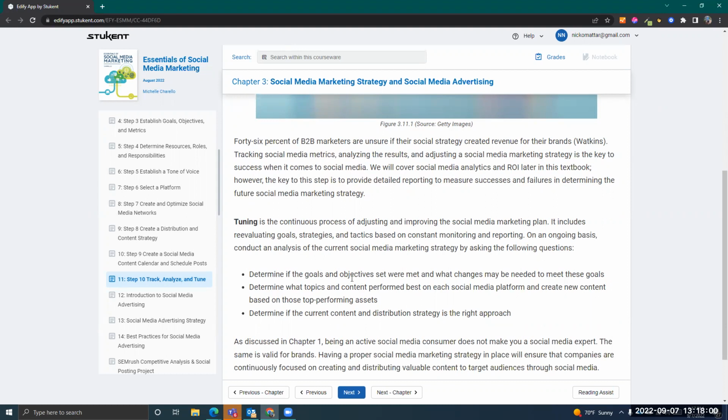Maybe instead of an infographic, you're posting a photo with a couple people in it. Just see what works best. There's going to be a certain mix that's going to work best for you on social media at different times of day. That's really what tuning is. It's continuously fine tuning your strategy so that you are putting yourself in the best position to succeed.